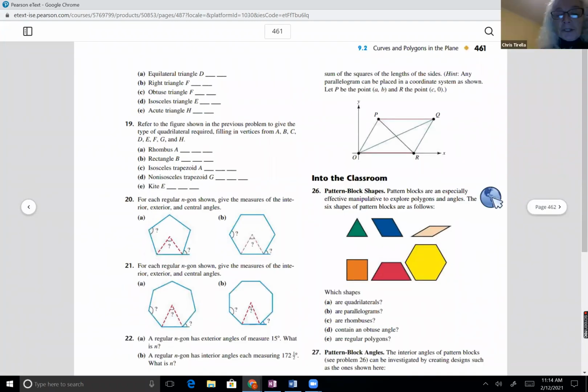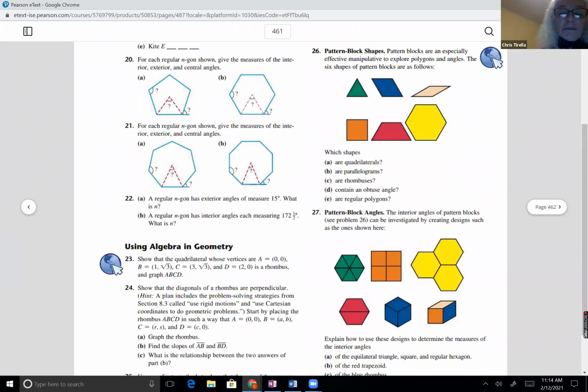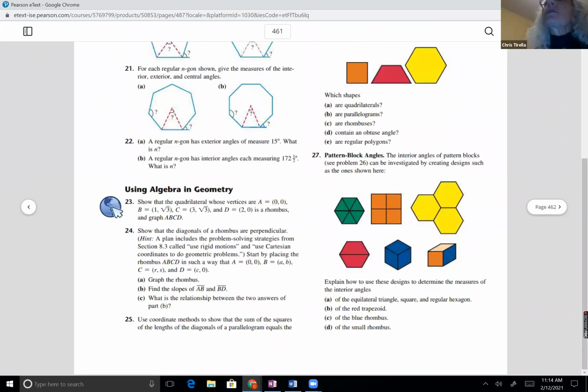Okay. Question number 27. I love this question. This is along the lines of those pattern blocks that are punched out in your book. It says the interior angles of pattern blocks can be investigated by creating designs such as the one shown here.